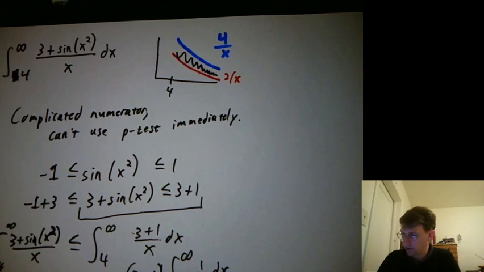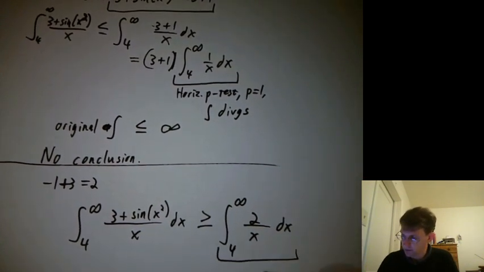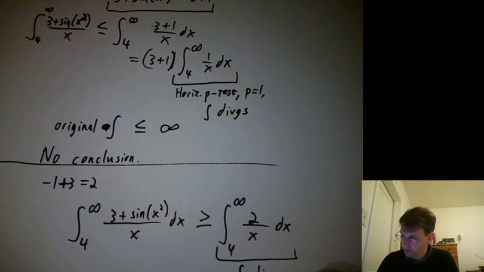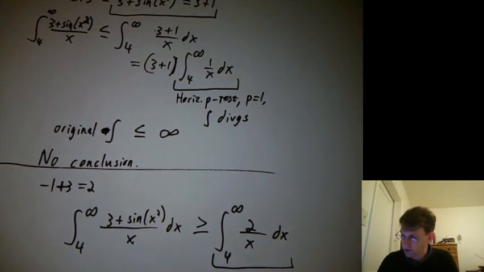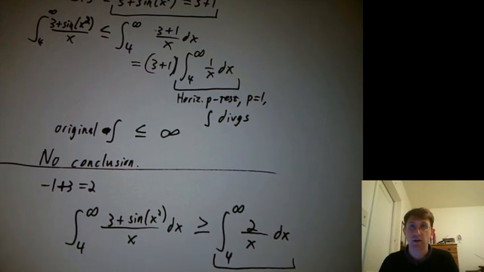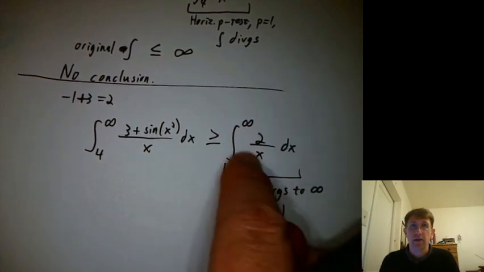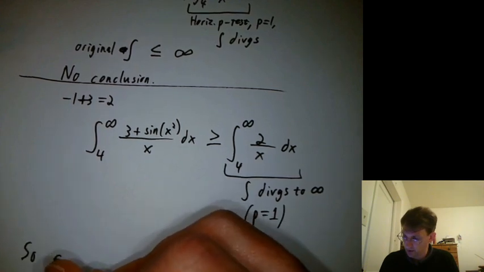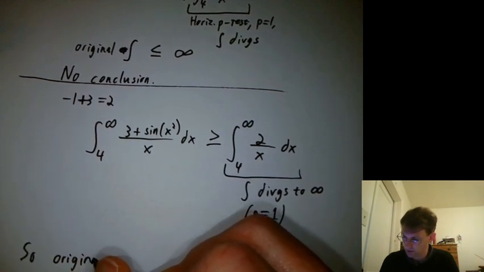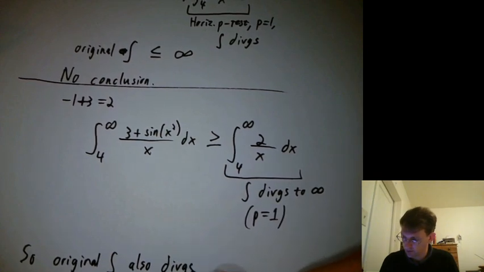And what can we decide about that? This integral diverges to infinity. Again, p-test with p equals 1. So if this side is infinity and this side is at least as big as that, we can say our original integral also diverges.